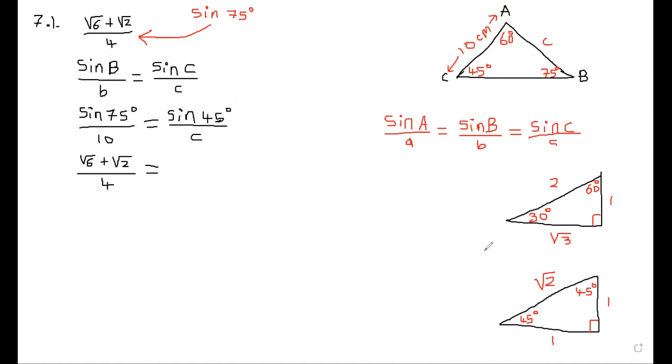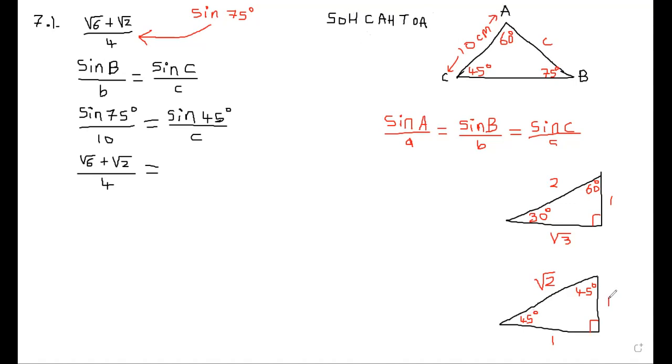What is sine of 45? Here's the 45, and sine, according to SOHCAHTOA, is opposite over hypotenuse.